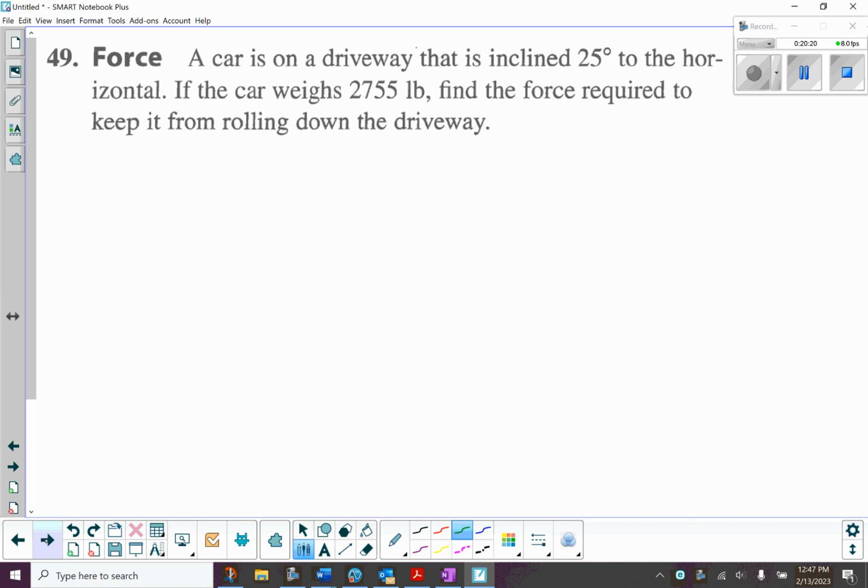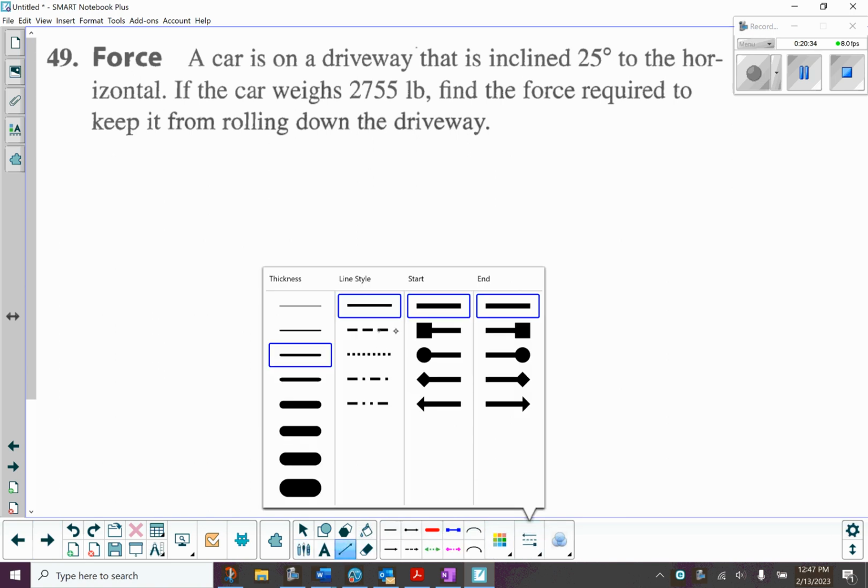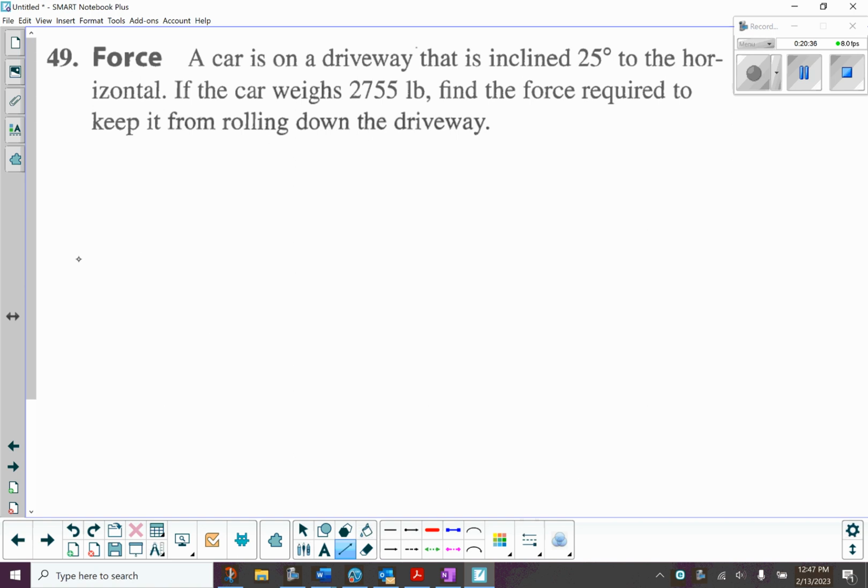And then finally, yeah, let's do one of these car problems here. Cars on a driveway that's inclined 25 degrees to the horizontal. Gee, does it sound like you should be drawing a picture? All right, so if we start with a horizontal line, then we are told that the driveway is inclined.